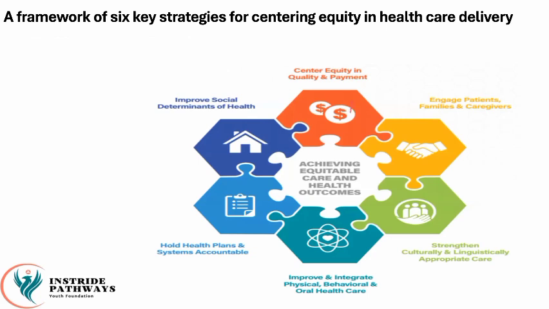One of the important ones to me is that you're centering your equity on quality and payment, and this means that when you pay money, you should be able to get good quality, right? But beyond paying the money, everyone should have access to quality health.